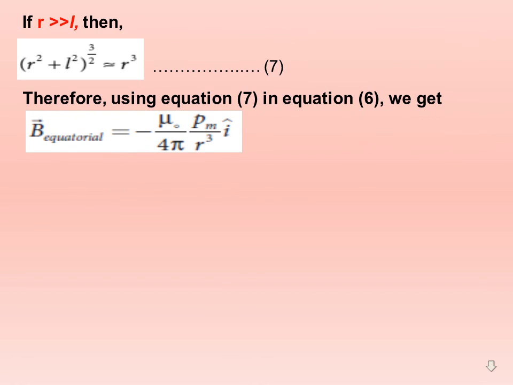Therefore, using equation 7 in equation 6, we get B vector equatorial is equal to minus mu naught by 4 pi, Pm by r cube into i cap.